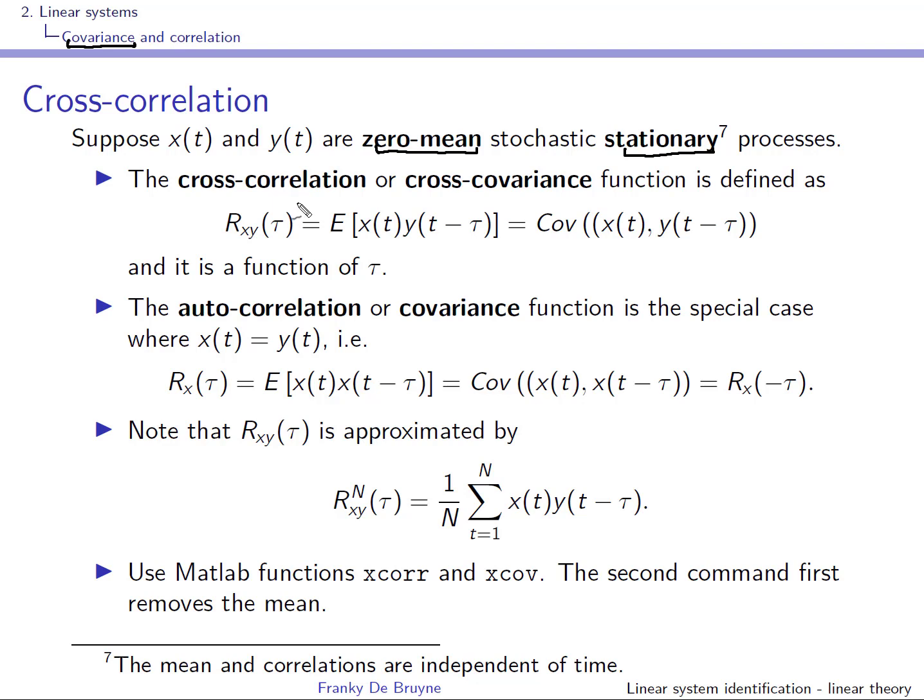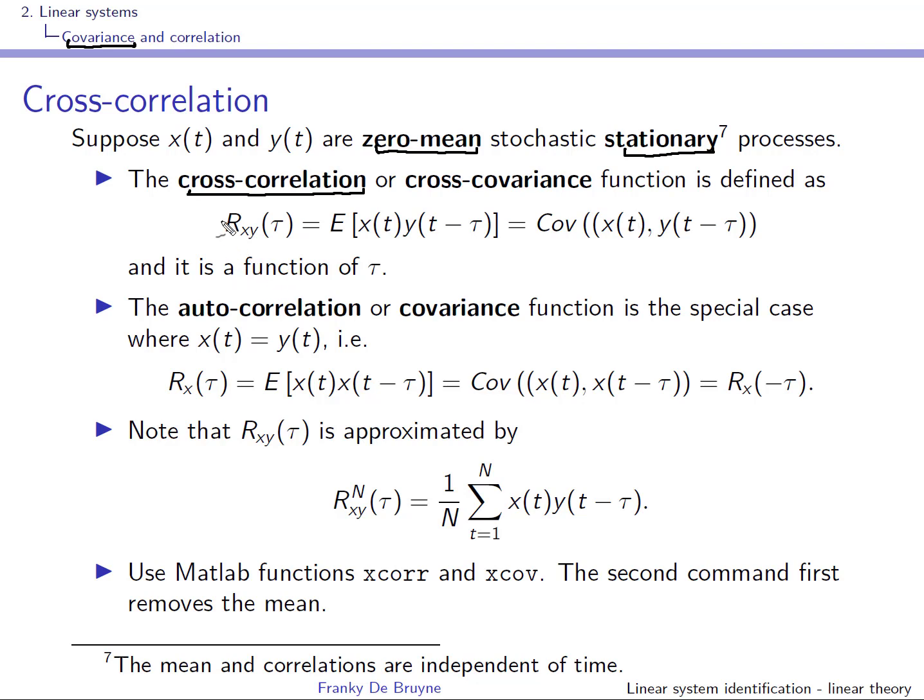So the first notion that is new to you is cross-correlation. Well, it's a function of tau, and it's really computing the covariance of x with a shifted version of y, shifted by tau, right? So this is really the covariance of x and y of t minus tau, and the covariance is looking at whether x and y of t minus tau vary in the same fashion, right?